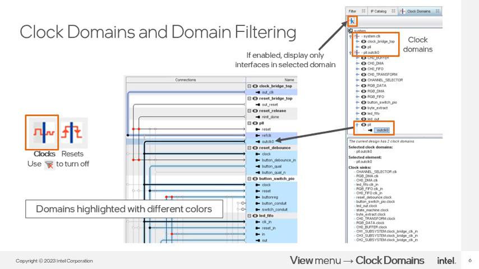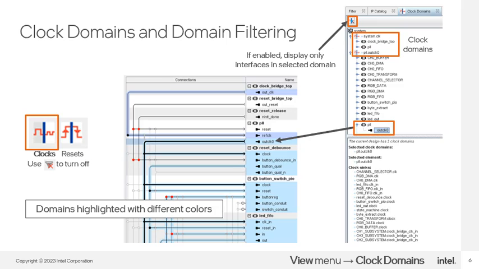To manage the different clock domains in your system, use clock domain filtering along with the Clock Domains tab, accessible from the View menu. This tab displays clock domains as hierarchical regions with each component and that component's interfaces in that clock region displayed underneath. By selecting a particular clock domain or multiple clock domains in the tab, the System View or System Contents tab can be filtered, displaying only the components being clocked by the selected domains.